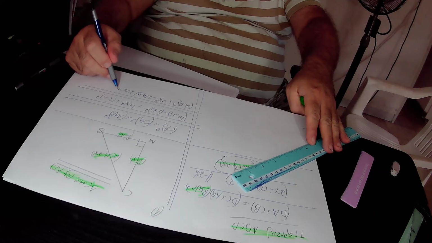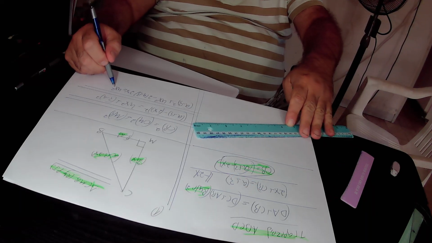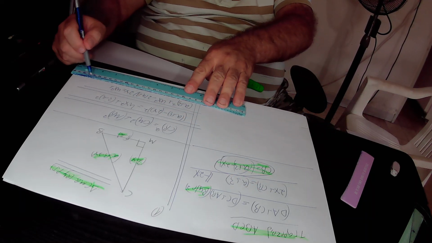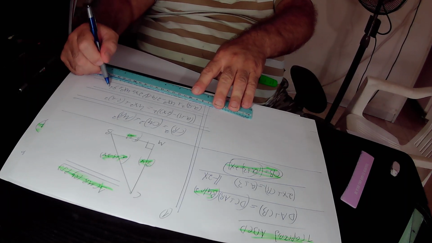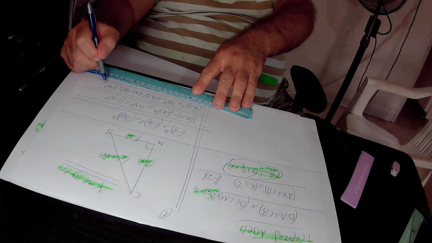And it equals 4x squared plus (3 minus A) squared. (3 minus A) squared equals 3 squared, that is 9, plus A squared, plus 2 times 3 times A, that is minus 6A.